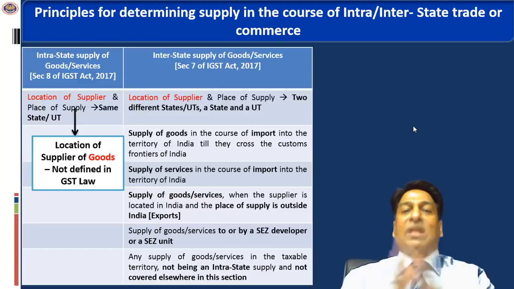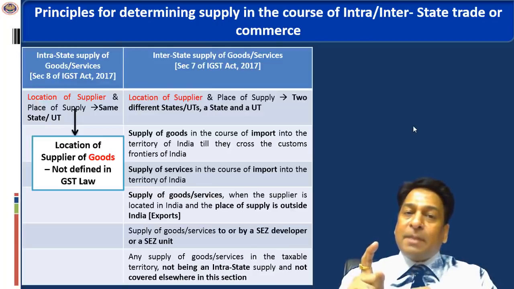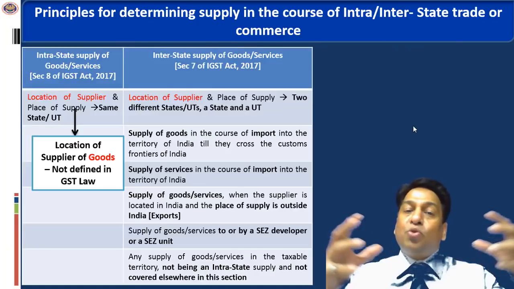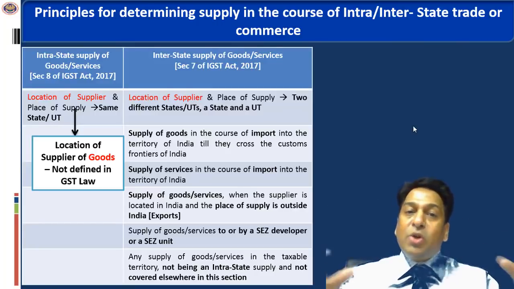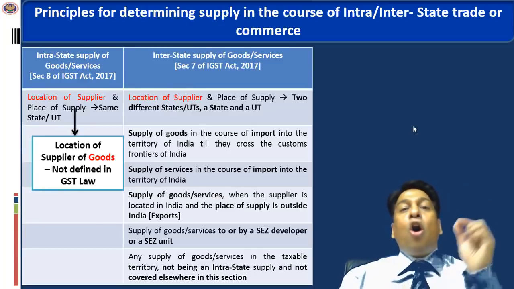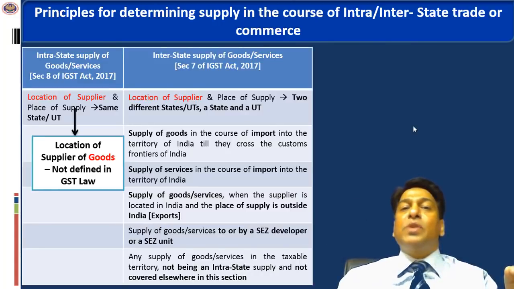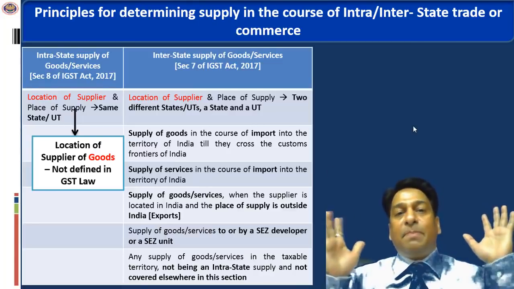The first transaction says, if the location of supplier and place of supply are in two different states or two different union territories, or one in a particular state and the other place of supply in a union territory, or vice versa, the transaction is going to be called interstate and IGST is leviable.